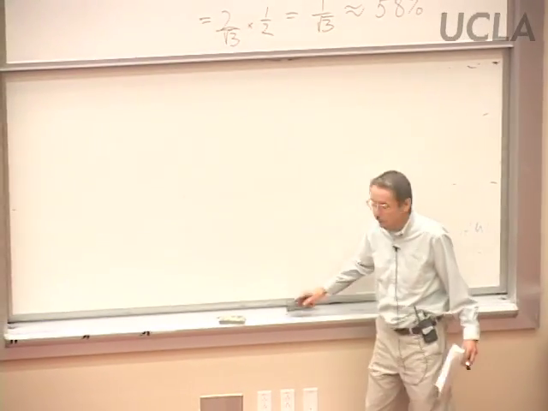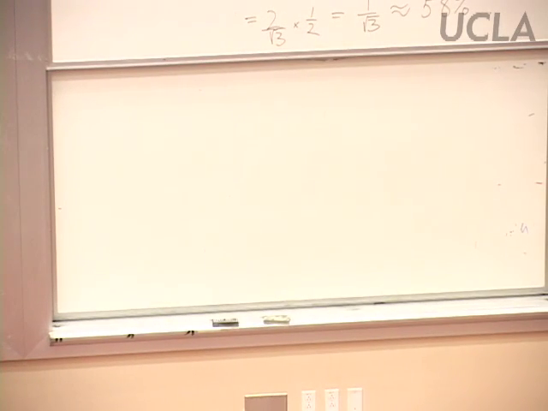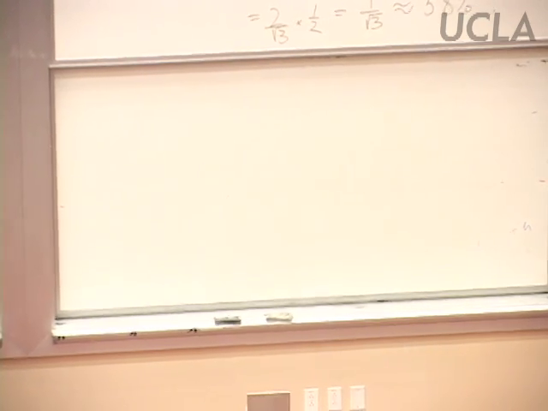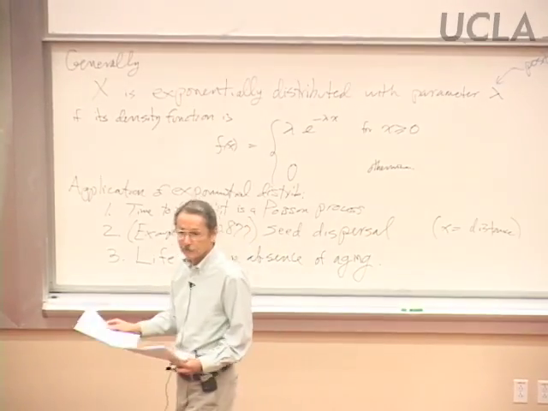Well, we've talked about mean and variance of continuous random variables, and we've talked about the exponential distribution. Time to put those together.